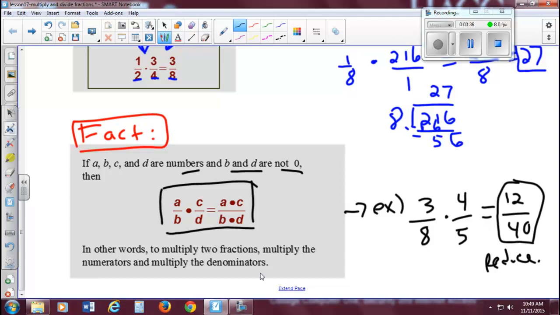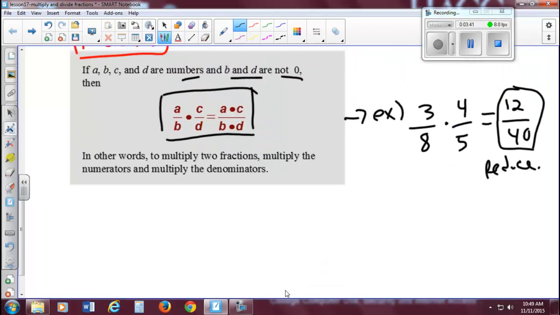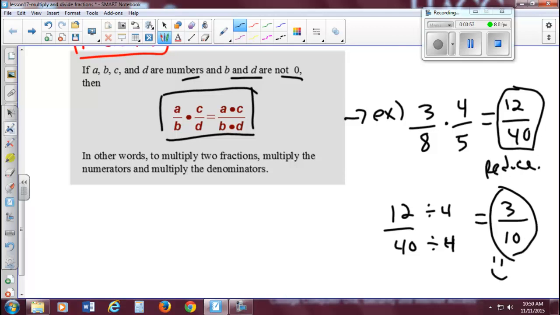So then you say, maybe I can find a common divisor. We've talked about reduction in the past. So, 12 over 40, I can divide the top by 4 and the bottom by 4, that common factor they have, and you're going to get 3 over 10. Voila.